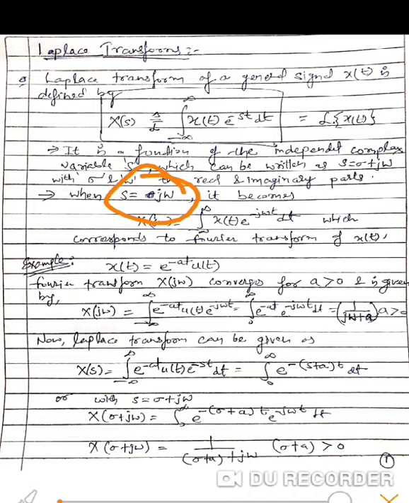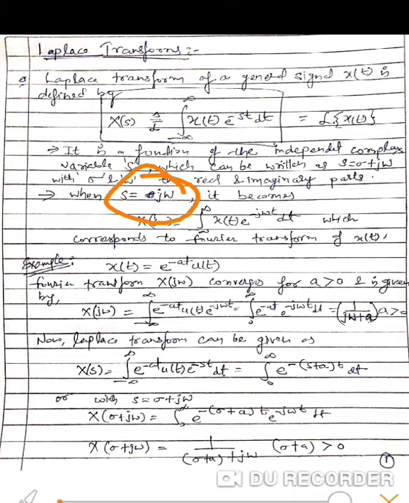So if we make the real part, that is sigma, equal to 0, the Laplace transform will convert into Fourier transform. But Laplace transform can be used to find transforms of some of the signals for which Fourier transform cannot be found out. So let us take an example.